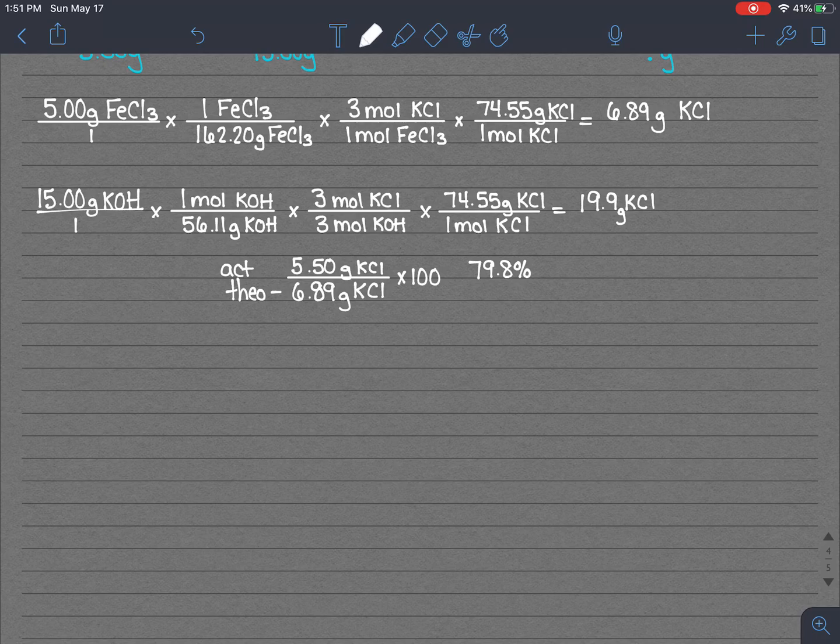In some situations, things might be decomposing as they're being produced. This wouldn't be an example of that. There's just lots, human error and all those other kinds of things, impure samples that could make these numbers lower. So a percent yield of 79.8% in an actual lab would be a fairly great amount for this kind of reaction.